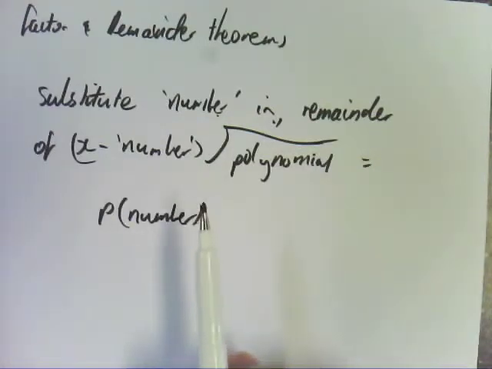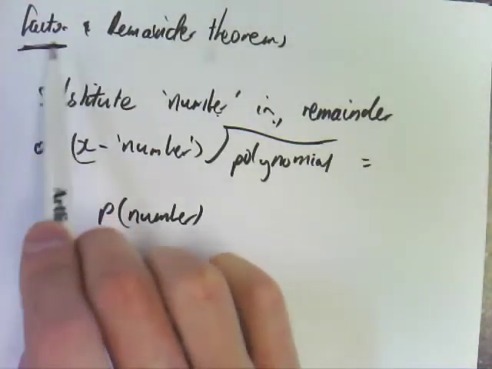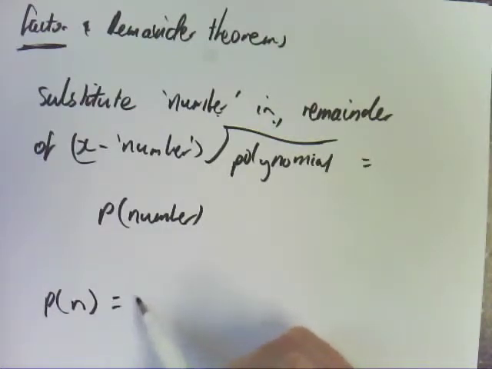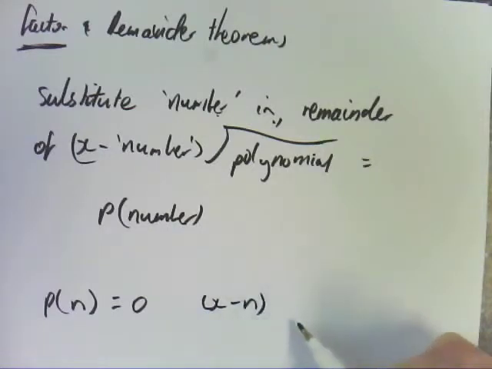Okay, so how does that tie in to the factor theorem? What do we know about a factor of a polynomial? What should the remainder be? 0. Right, so if p of the whatever number we're putting in actually comes out to 0, then x minus that number is a factor.